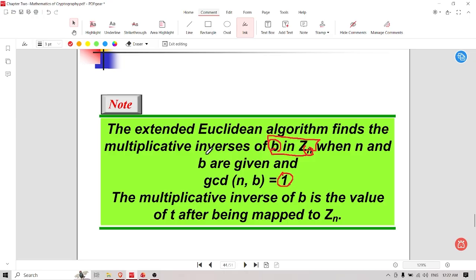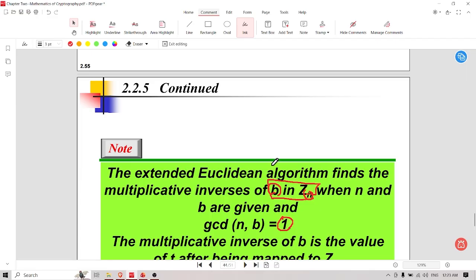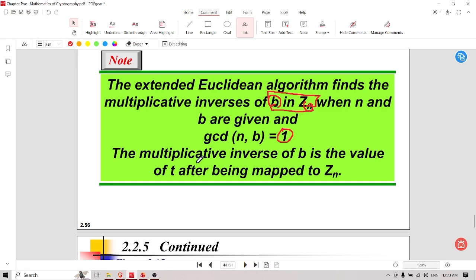Because, for example, if we take 2 and 6, their GCD is not equal to 1, and that would be a problem. It means that we have no multiplicative inverse. Now, the multiplicative inverse of b is the value of t after being mapped to Zn.